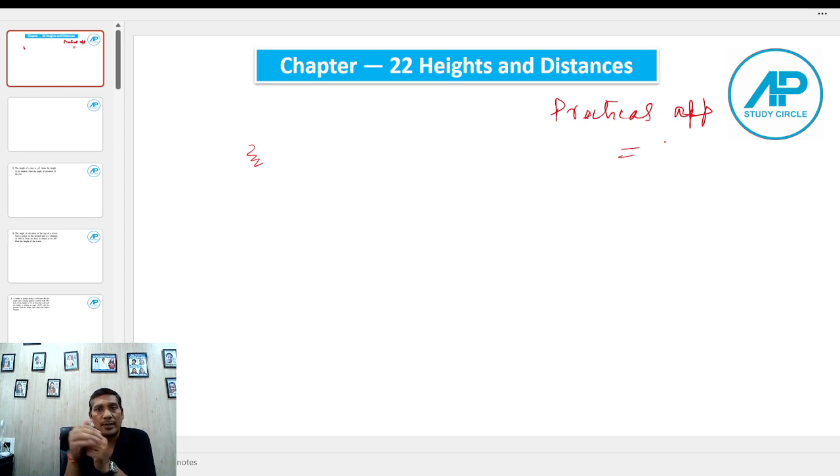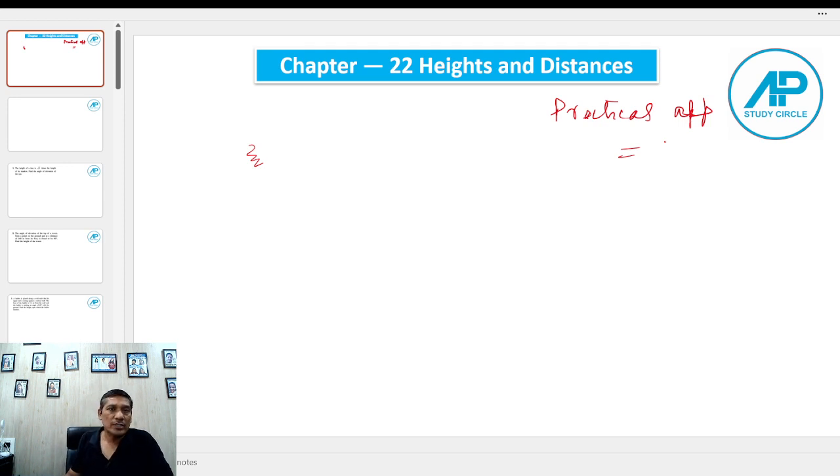We are not at the same altitude. We are observing a flying bird, we are observing a building, we are observing a road, a car moving on the road from our rooftop, and all these things, how the angle changes, what is angle of elevation, what are angles of depression, all these things are going to be used in this chapter.